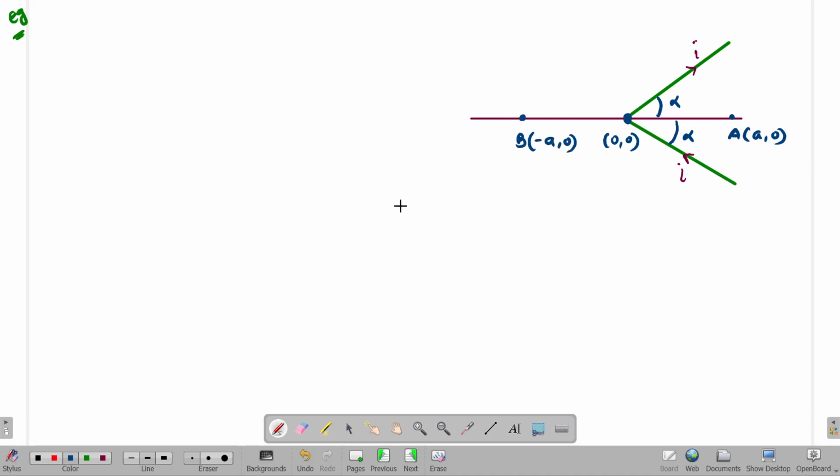If these wires are infinite wires, then find the magnetic field at A and B. Okay, so tell me what will be the answer.